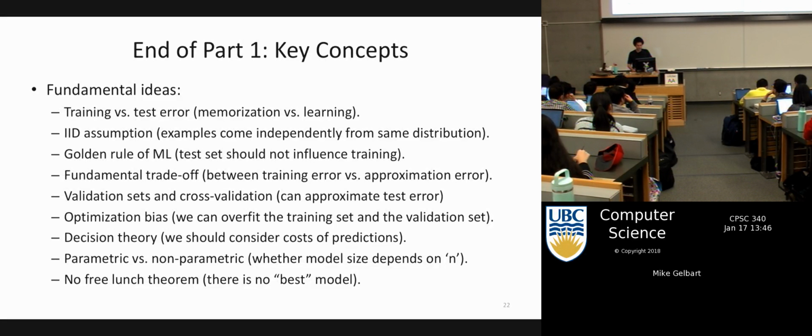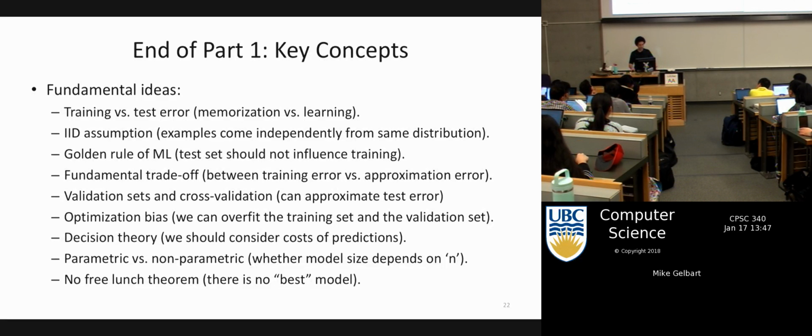So today is the end of part 1 of the course. In part 1, we talked about supervised learning, and specifically classification. We haven't yet talked about regression. Some key ideas from part 1: training versus testing, the IID assumption, and concepts about learning, especially the fundamental trade-off.